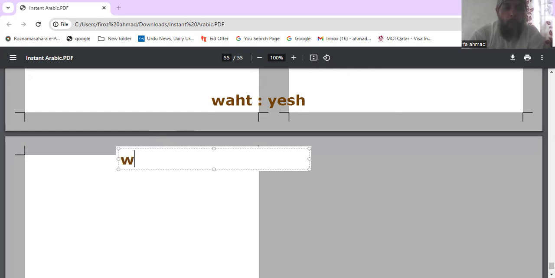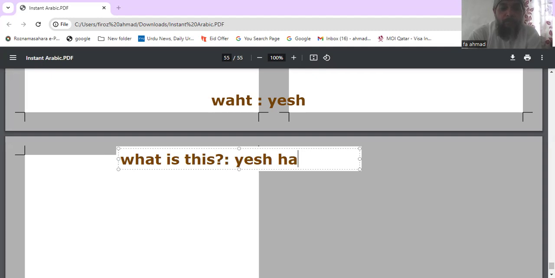Suppose, what is this? And you know what this is, right? I hope you might have watched my lesson. What is this? Say in Arabic, "ishada". What is this? Ishada. Suppose this is a car.